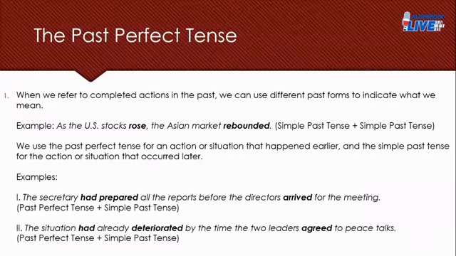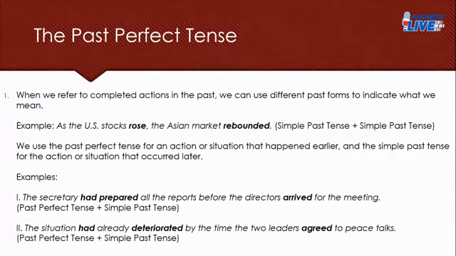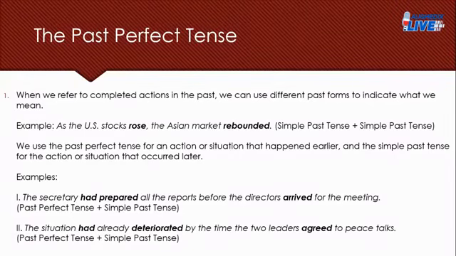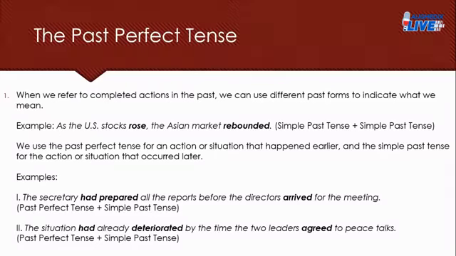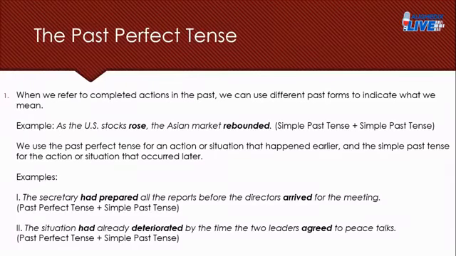Okay, to talk of such events, you talk of the first event, the event that took place earlier, in the past perfect tense, and the subsequent event in the simple past tense. Like in example number one: The secretary had prepared all the reports before the directors arrived for the meeting.